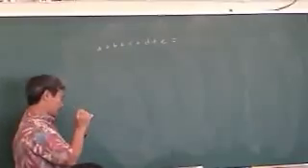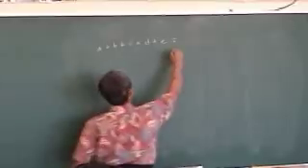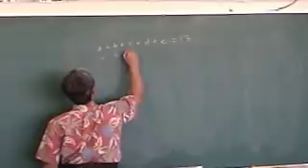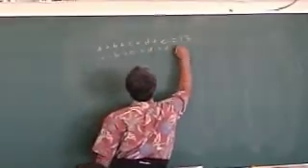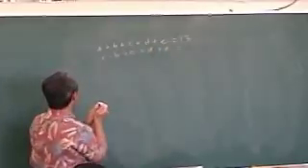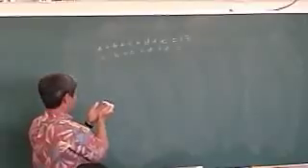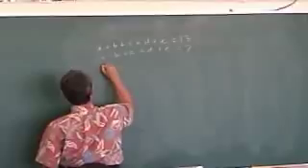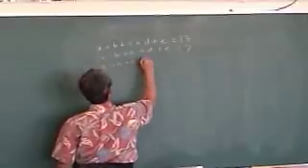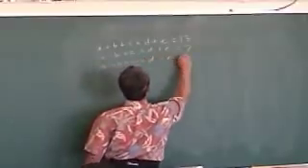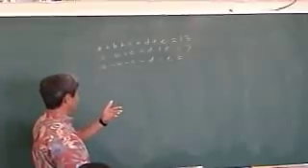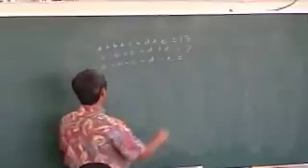Okay, so 13. A minus B plus C plus D plus E equals 7. A minus B minus C minus D minus E equals -9.